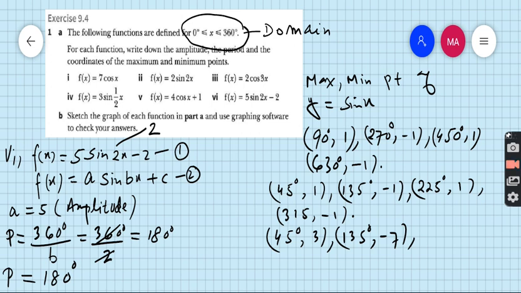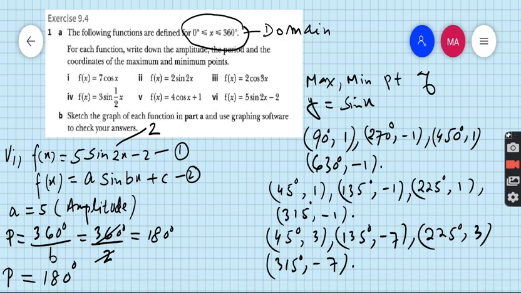We will get sine 450. Sine 450 is 1 and 5 ones are 5 minus 2 is 3. So 225 and 3. And finally if you put 315 instead of x in equation number 1, so sine 630, and sine 630 is minus 1, so 315 degrees, minus 1 into 5 is minus 5, minus 5 minus 2 is minus 7.